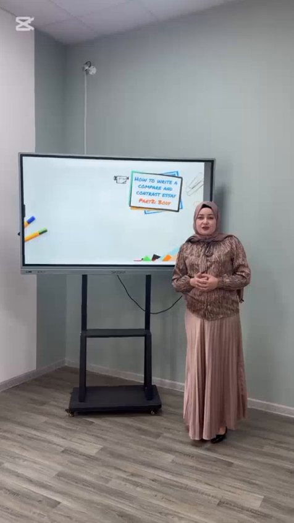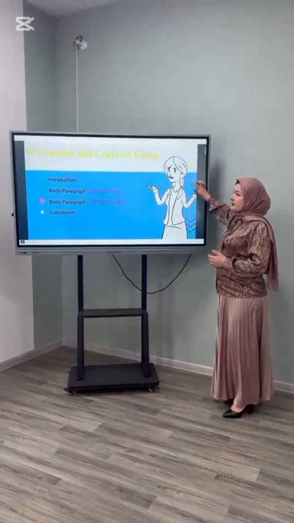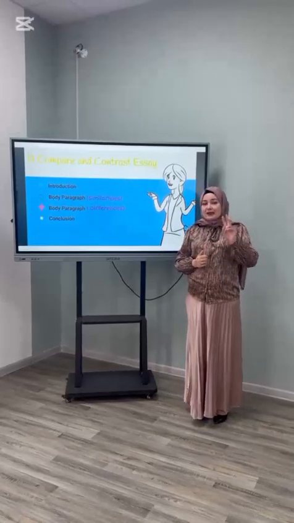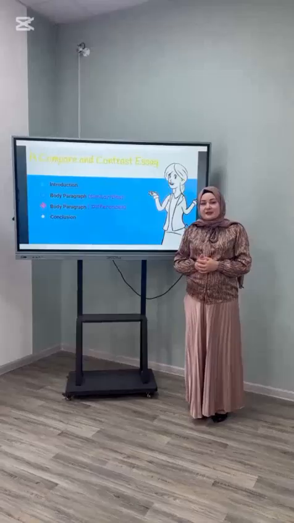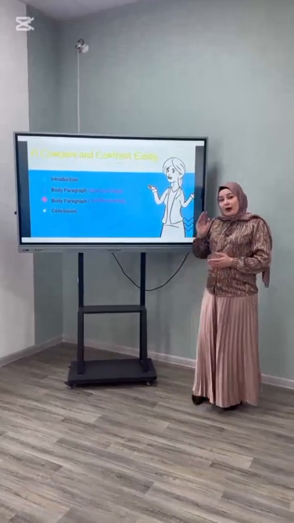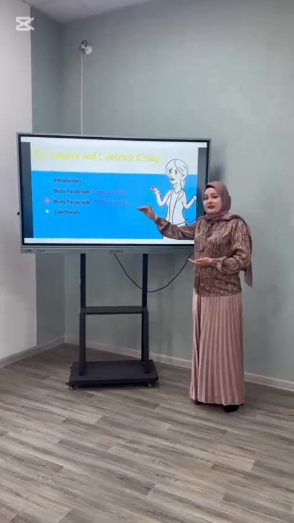Once you finish writing an introduction, now I will teach you how to write main body paragraphs. As I have mentioned previously, a compare and contrast essay includes at least 2 body paragraphs. One of them is based on similarities, while another is based on differences.